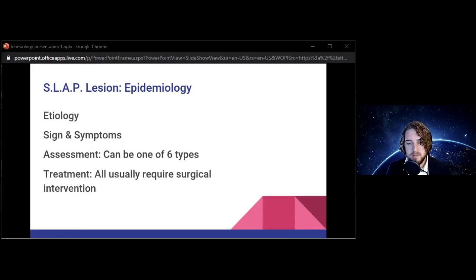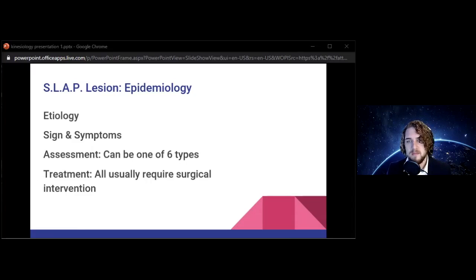Because the head of the humerus sits inside of that labrum, every time they move, no matter what direction or plane of movement, it is going to hurt.